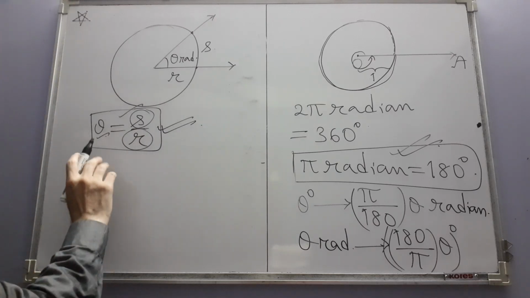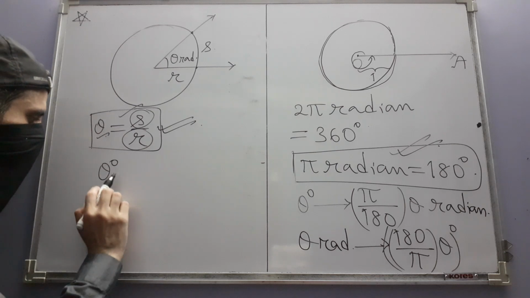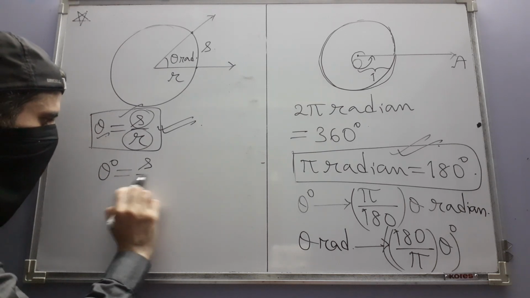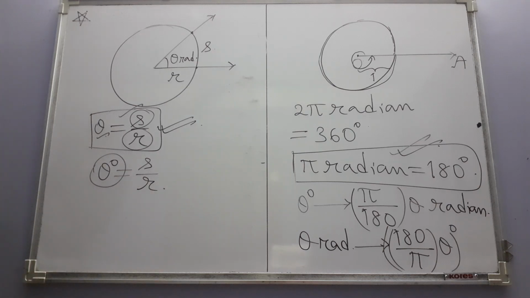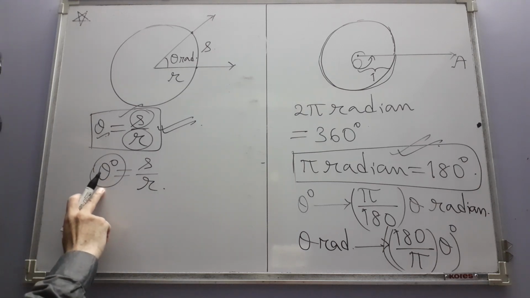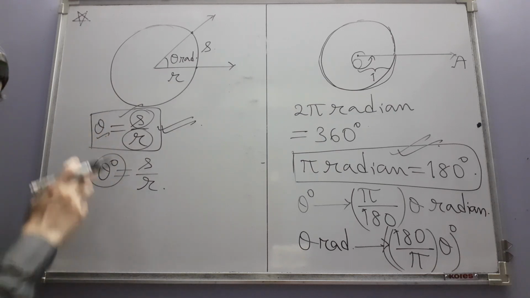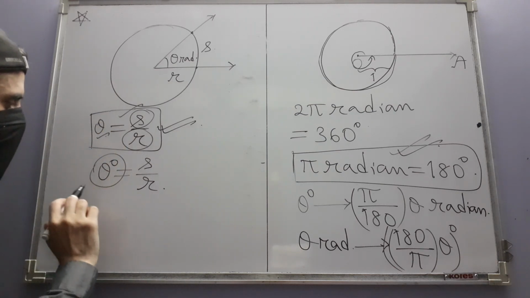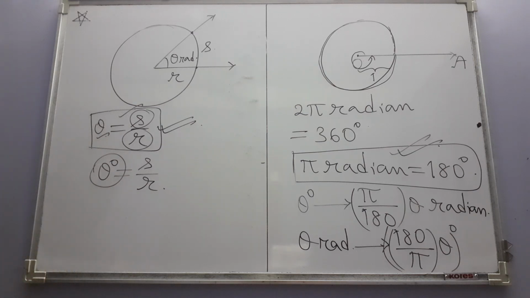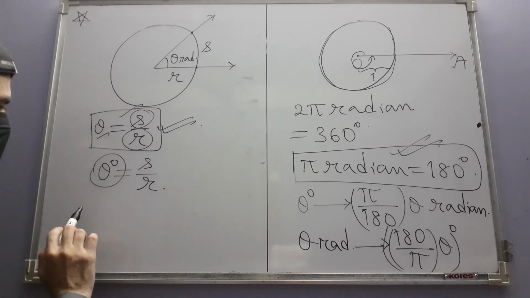And this is not true if theta is in degree, because this happens only when theta is in radian, because that's what theta radian means. For degree, if you want to write such a relation, first you have to turn that into radian and then only you can write.